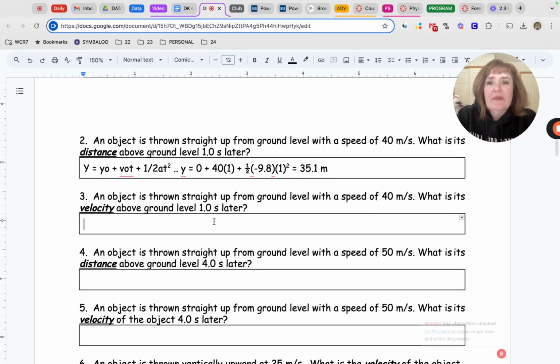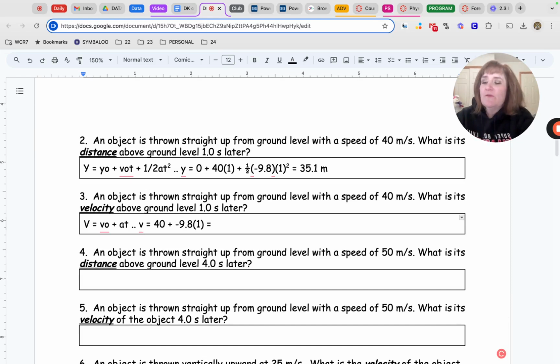Question 3. An object is thrown straight up from the ground with a speed of 40 meters per second. What is its velocity above the ground 1 second later? Well, this is kinematic 1. v is equal to v naught plus at. So v is equal to v naught, which is positive 40, plus a, which is a negative 9.8 times 1.